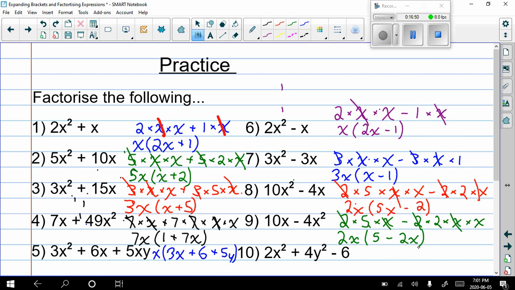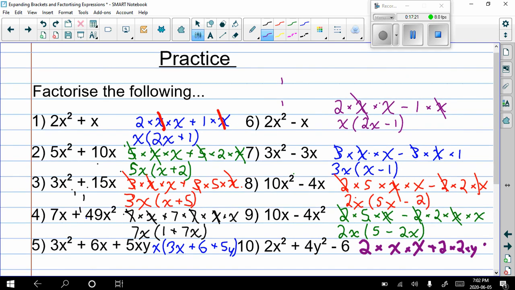Last but not least, something that just looks a little bit different from what we've been dealing with. So here, our highest number we can factor out is a 2. So let's break it up as 2 times x times x plus 2 times 2 times y.